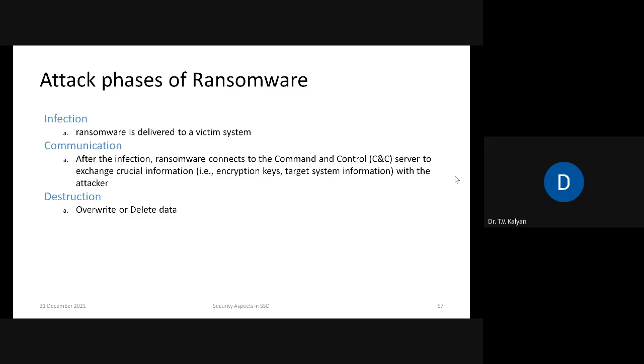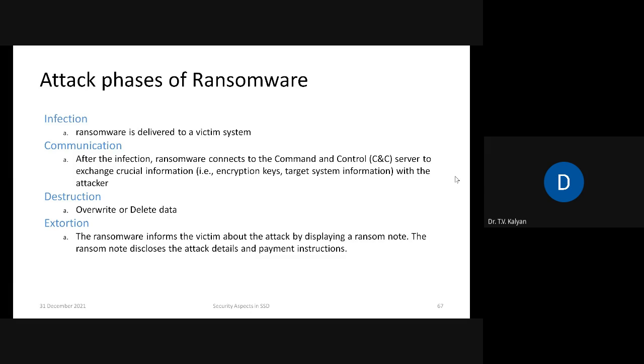Then it will either overwrite or delete all the data of the user. And then comes the extortion, wherein the user is prompted to pay a ransom to get all his data back.